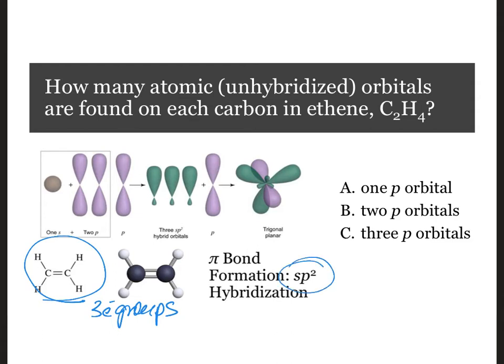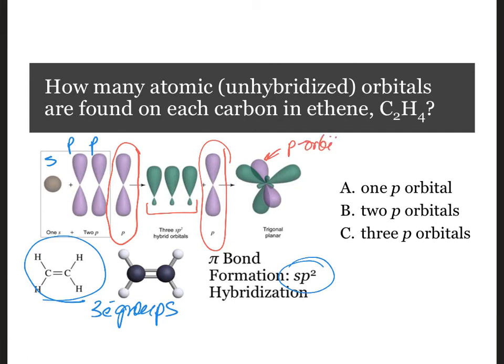So we see that we need sp2 hybridization. Because we have an s, a p, and a p, notice that one of these p orbitals gets left out, so it stays purple in this diagram. These 3 are hybridized. This one is not, and so our p orbital shows up unchanged at the end. So the correct answer is 1 p orbital.